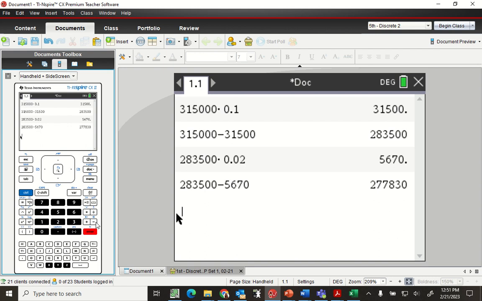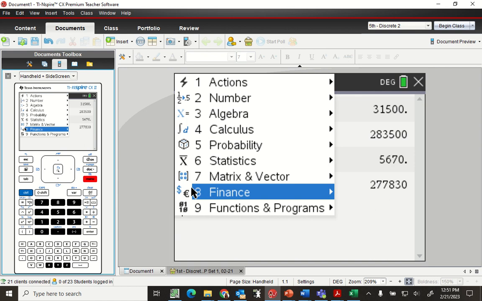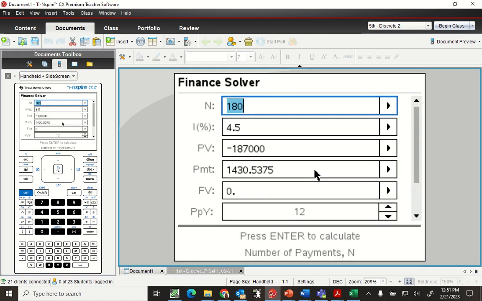So let's go to the financial solver. 277,830. That's supposed to be negative. Yes, it is. So how many years is this loan? 30 years.